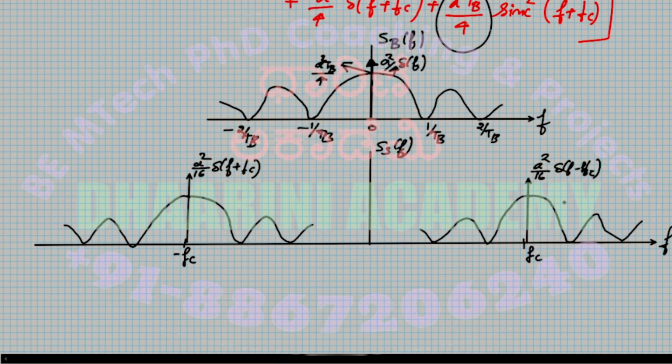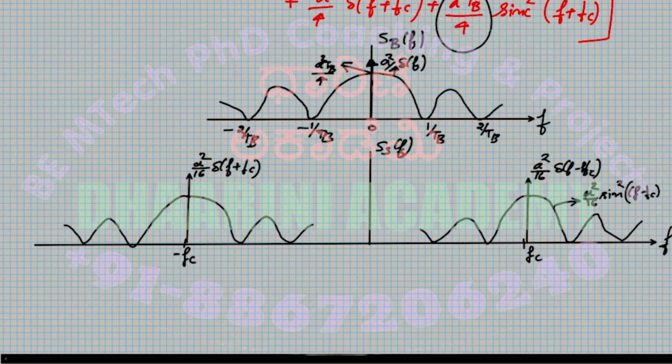Okay. Now let me mark down the values and the equations. What is the equation of this waveform? This is going to be A square TB by 16 into the sinc square function of, write a bracket, f minus fc into TB. Are you okay? F minus fc because it is shifted to the right.